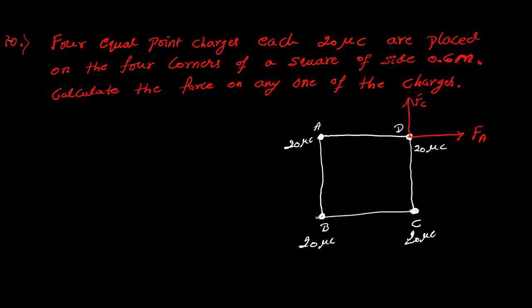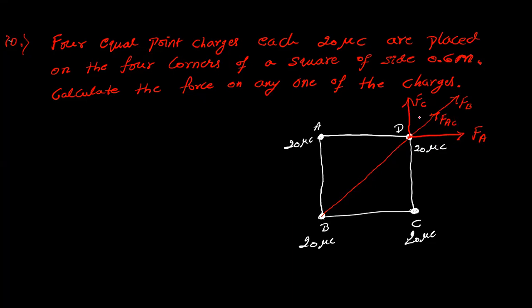And there is one more force which acts along the diagonal, from the charge B. This is FB. But one more thing you have to notice: along the diagonal there is one more force, the resultant of FA and FC, which also lies on the same line. So I can write here the resultant FAC.